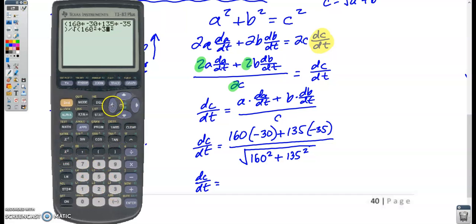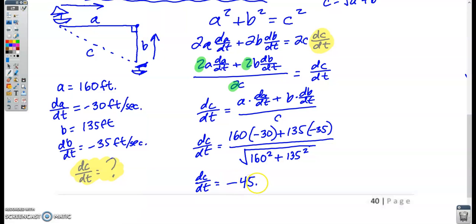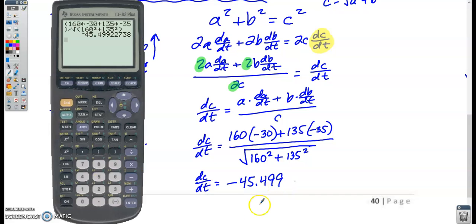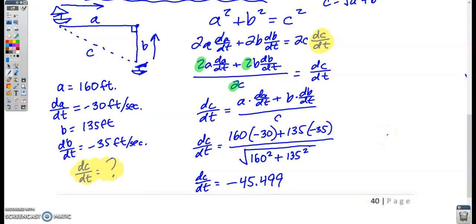Oops, missed the 1. There we go. Close them parentheses and hit enter. And we get negative 45.499, whether we round or truncate. Negative 45.499, yes indeed.